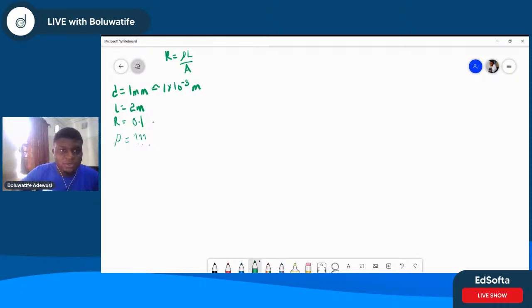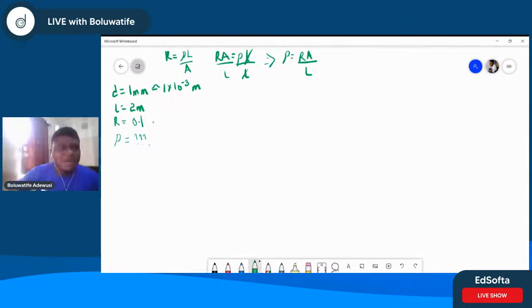So if I cross multiply, what I have is RA equals rho L. Divide both sides by L, and L cancels out. So what I'm left with is rho equals RA over L. So this is the formula for resistivity: resistance times area over length.